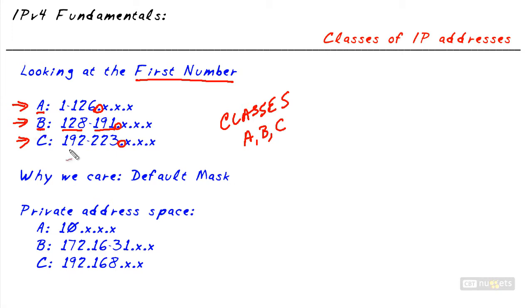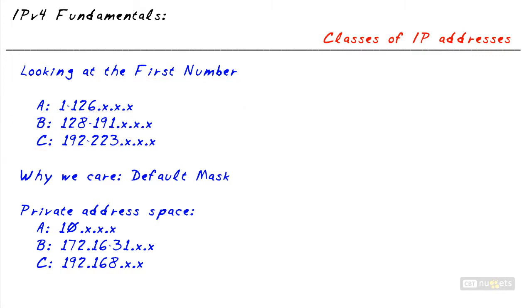And for our third class, Class C, if the very first number is within the range of 192 through 223 inclusively, that IP address, regardless of what's following, is a Class C address. And the cool thing is, we only have to look at the very first number before that first period to identify the class of IP version 4 address that it is.